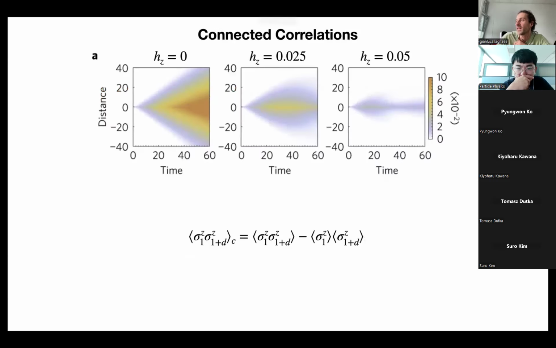So the next effect that we want to see is in the connected correlator. As I said, we have this quasi-particle picture that is saying that we locally create particles and they propagate. And this quantum correlation that is brought across the system by these quasi-particles can be measured by these connected correlators, for example the one along Z, but it's not necessarily along Z. What you can see is that from Hz equals 0, no longitudinal field, when you turn on your longitudinal field, this dynamic gets constrained.